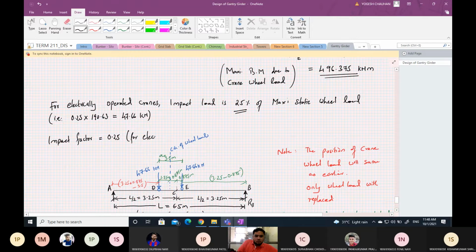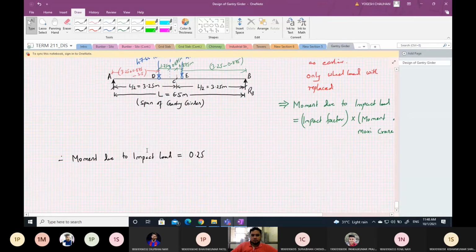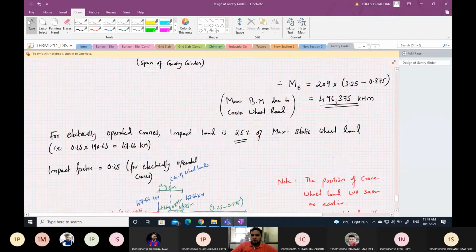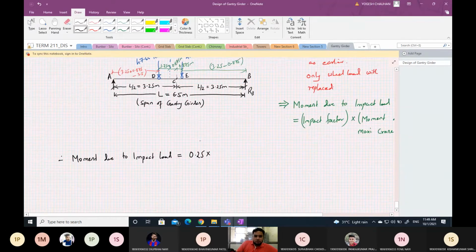For electrically operated cranes, 0.25 into the moment, this moment 496.375.